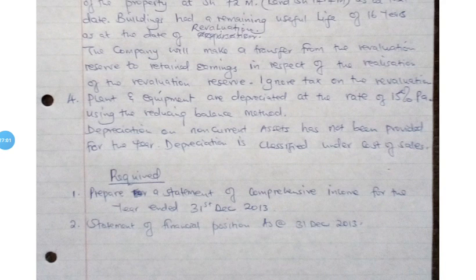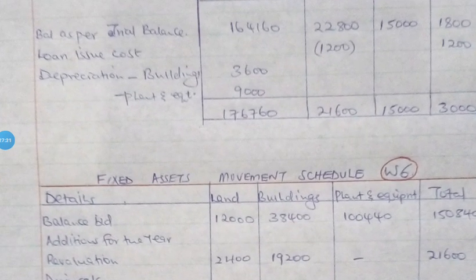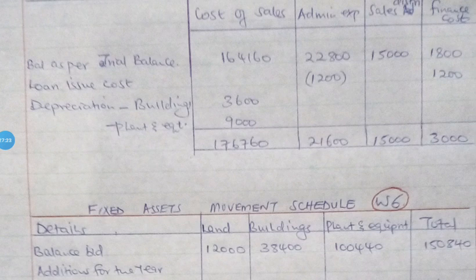So you go to our workings and include depreciation for the year for the buildings at 3,600 in our working for cost of sales. So that is the working for depreciation for buildings. Remember, that is the step that you are supposed to follow.